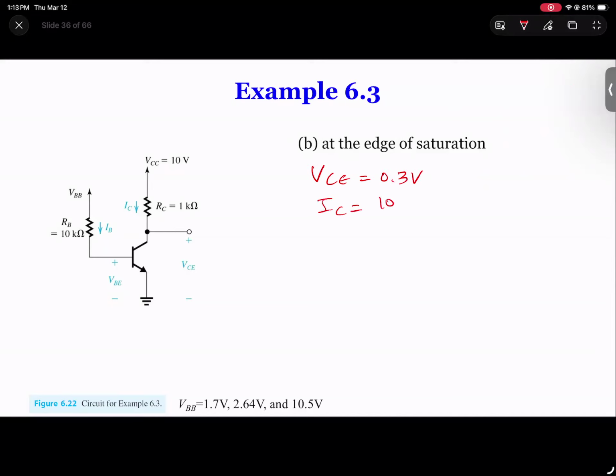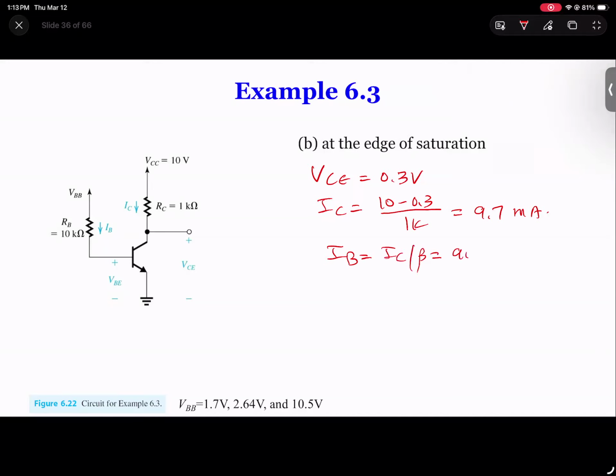IC is going to be 10 minus 0.3 divided by 1K. That gives you 9.7 milliamps. Because it is at the edge, this equation still works.